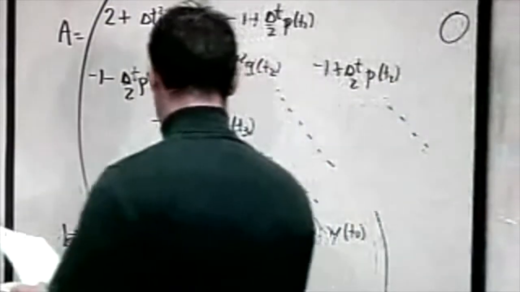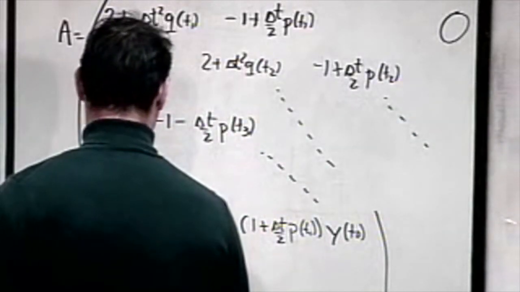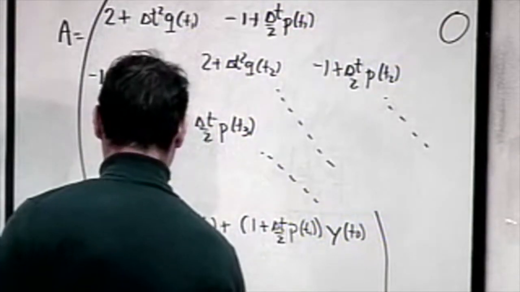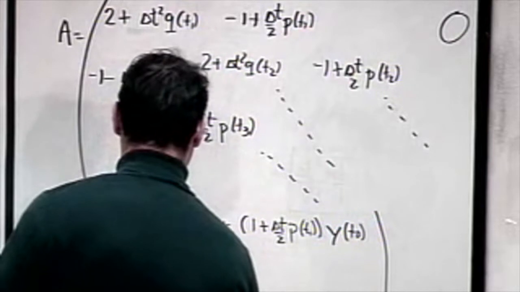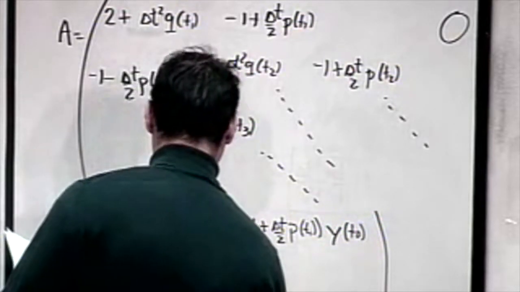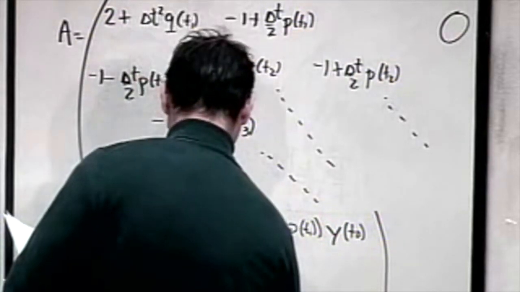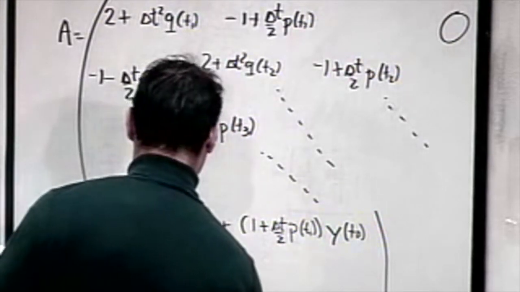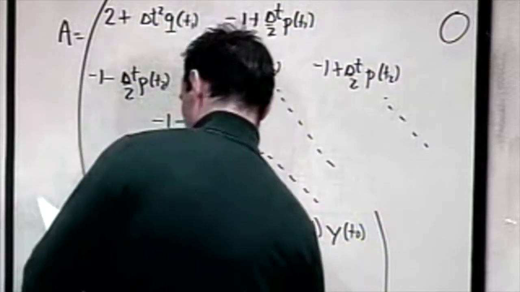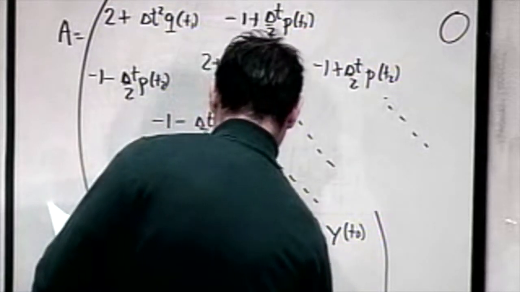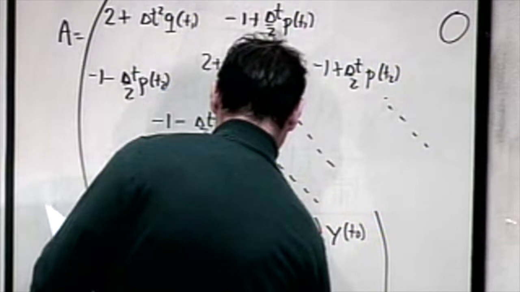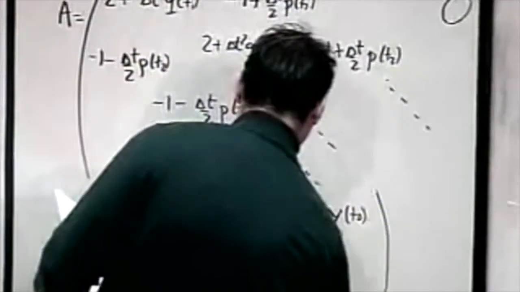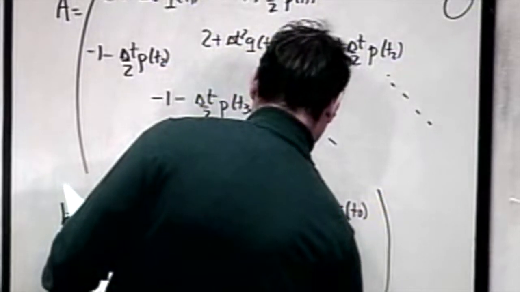And the next one down is just minus delta t squared R of t2 and so forth, all the way till you get to the last ones, which are negative delta t squared R of t n minus 2, and then finally minus delta t squared R of t n minus 1, and then plus 1 minus delta t over 2 p of t n minus 1 y of t n.